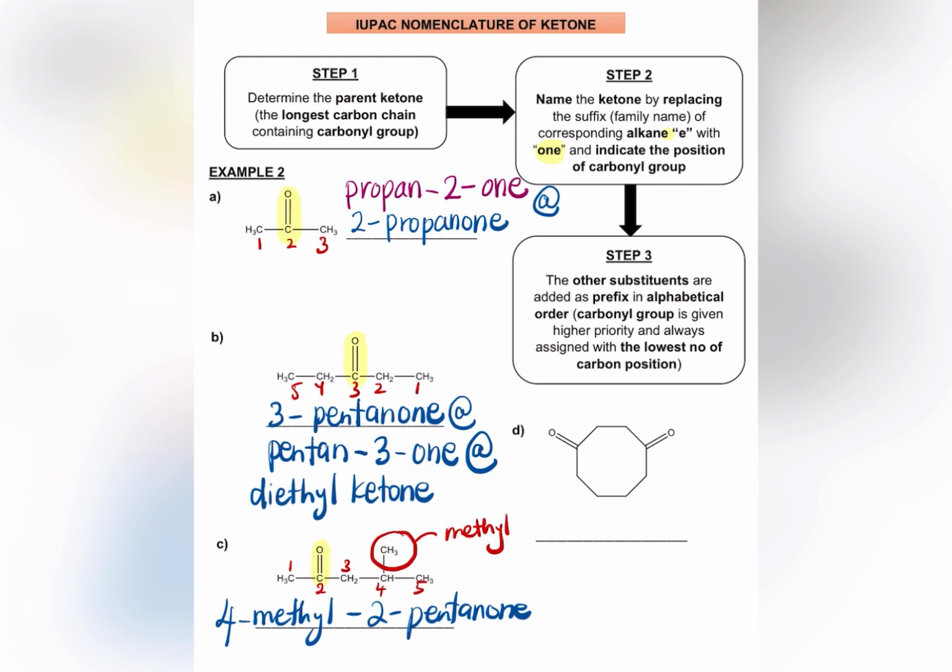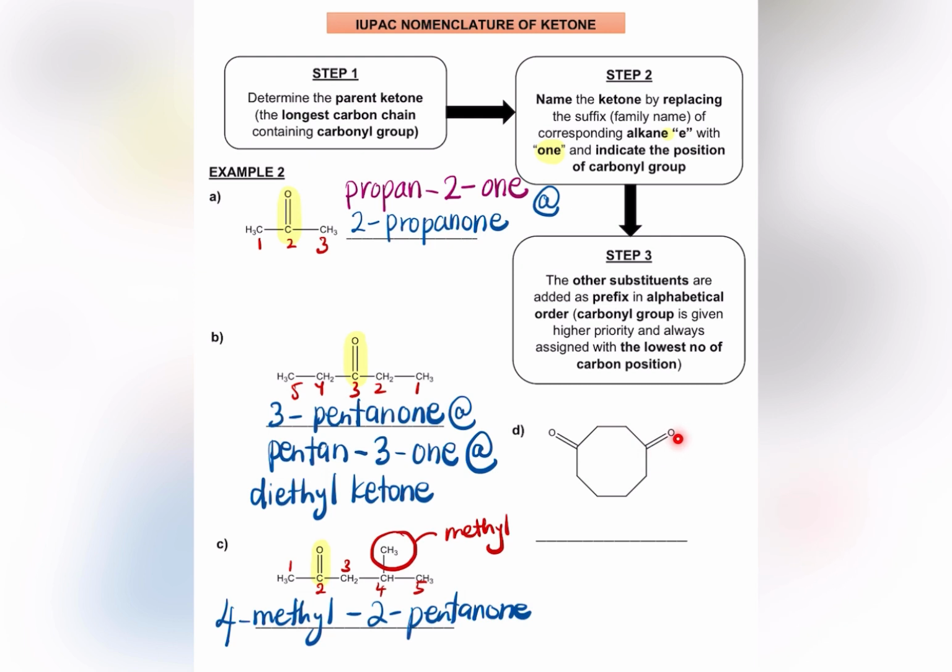I have my structure, which is a cyclic ring. This cyclic ring contains 8 carbon atoms, but which position of numbering for the first one are you going to start? So I'm going to start at the functional group. So you got carbonyl group here.